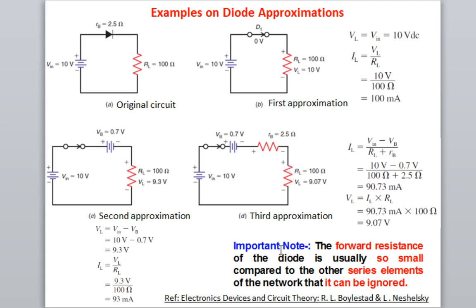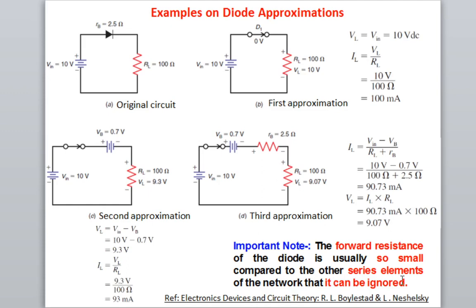I have written here, highlighted with the blue color, that the forward resistance of the diode is usually so small compared to the series elements of the network that it can be ignored.